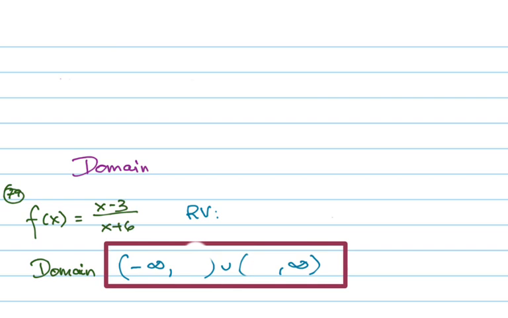How about this little problem there? I guess it's 79 in the book. x minus 3 over x plus 6. How do we find the RV?